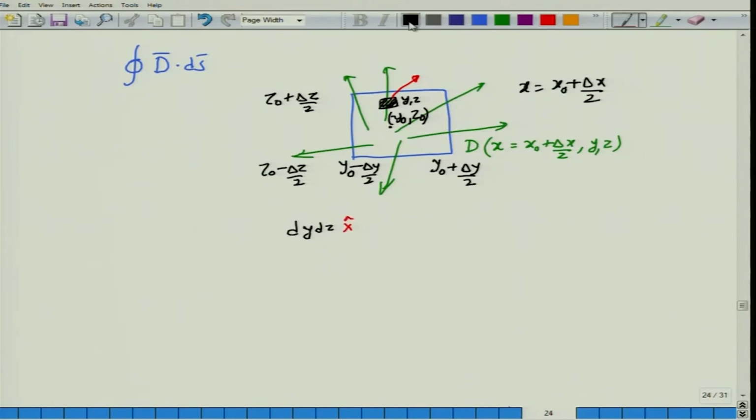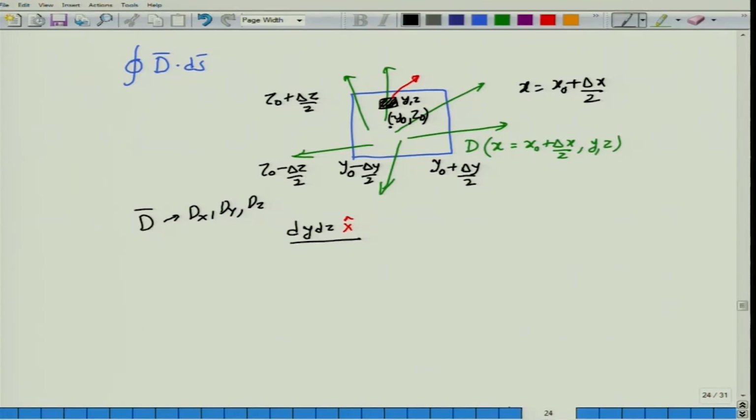So even though my D itself might have components Dx, Dy and Dz, not all three of them will give a non-zero value if I find the value of D dot dS over here. The component that I am interested in will be only the Dx component, because if I take the dot product of D with this surface element dy dz x hat, only the Dx component will come out.